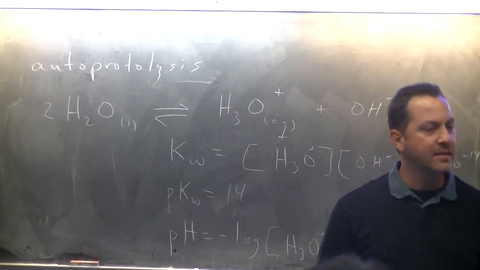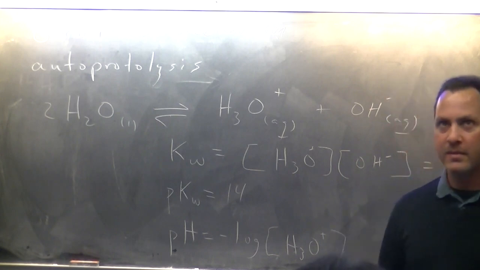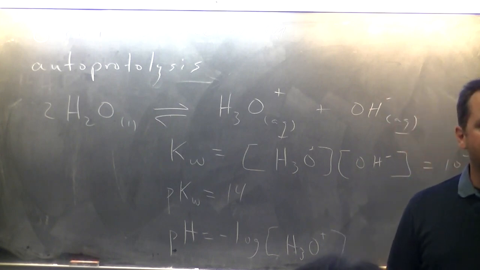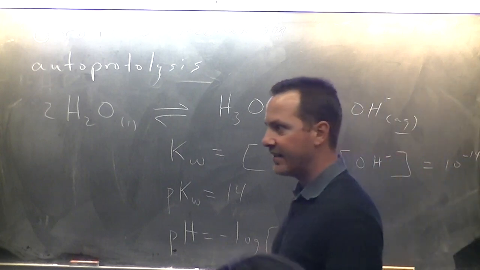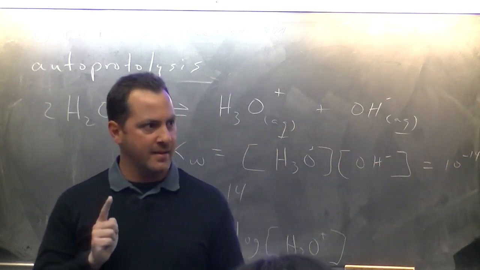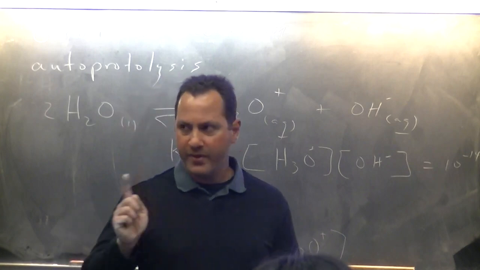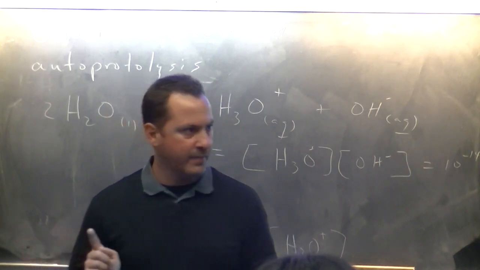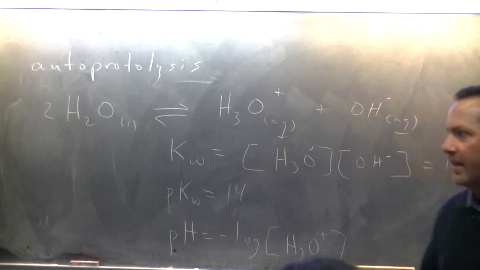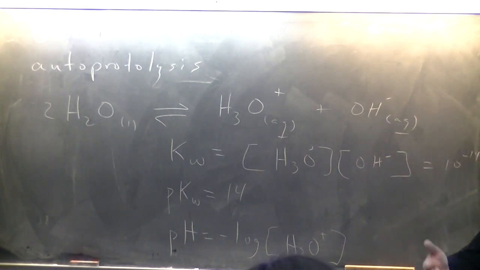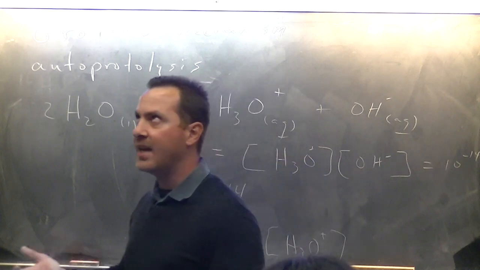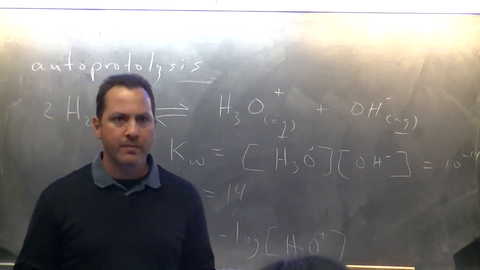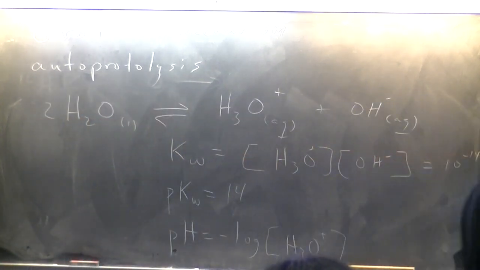Less than what? 0. So a strong acid will be something that has a pKa smaller than 0, right? The same with a strong base. A strong base will be something that has a pKb smaller than 0. All right.